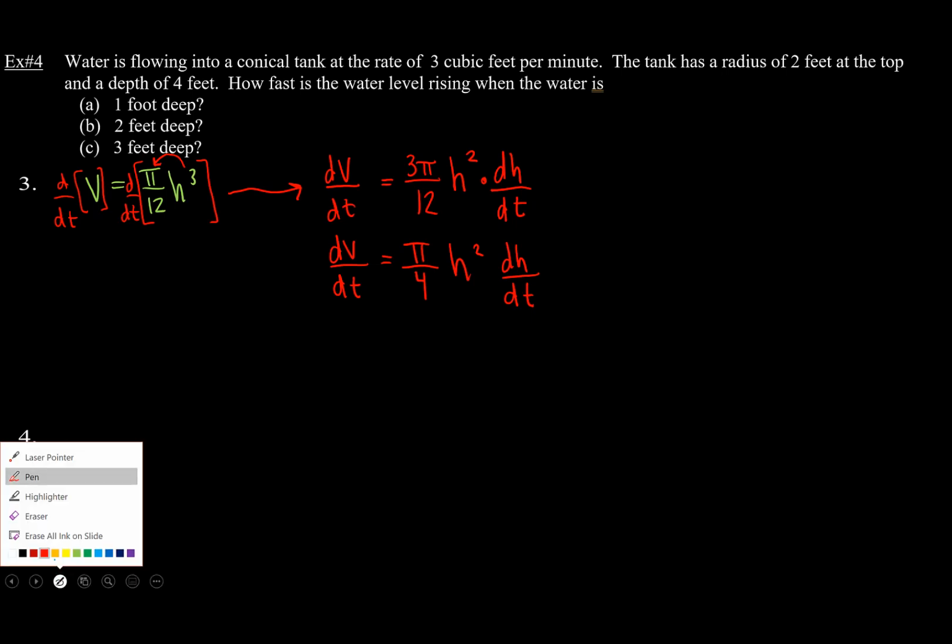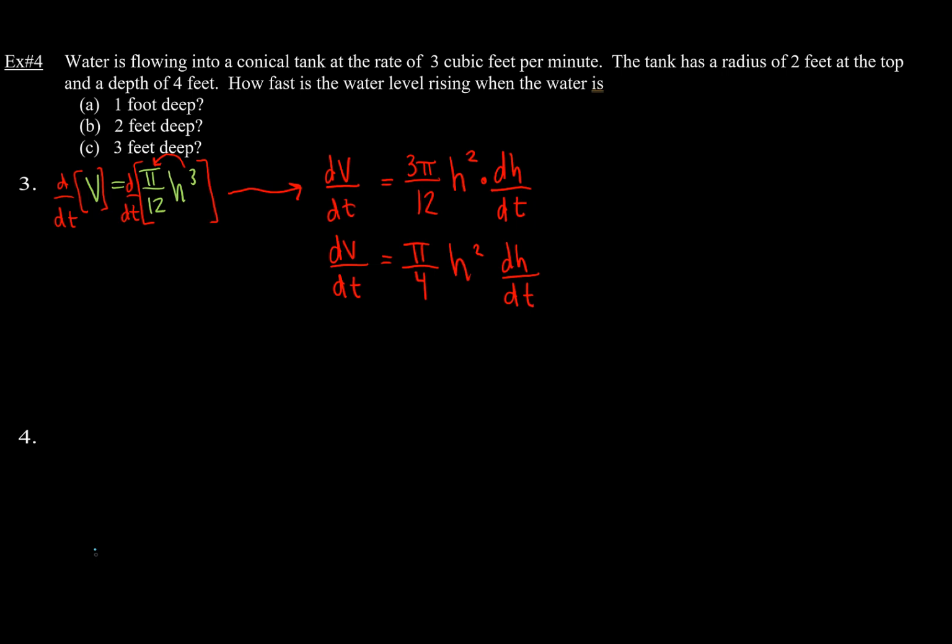And now I can do my plug and chug step. This is the home stretch step. Plug and chug. Remember, I've got an A, B, C here. They want to know how fast the water level is rising when the height is 1 foot deep, 2 feet deep, and 3 feet deep.